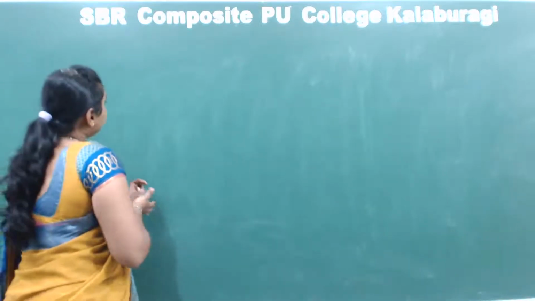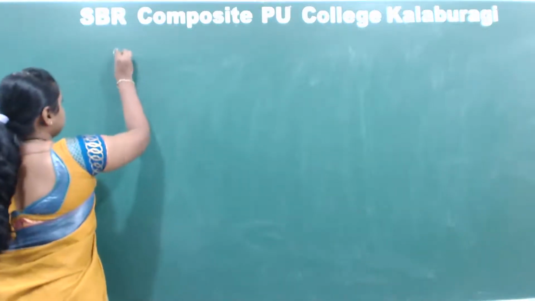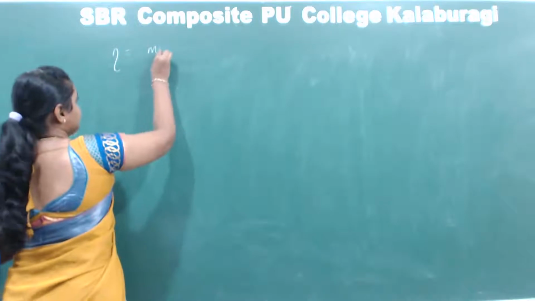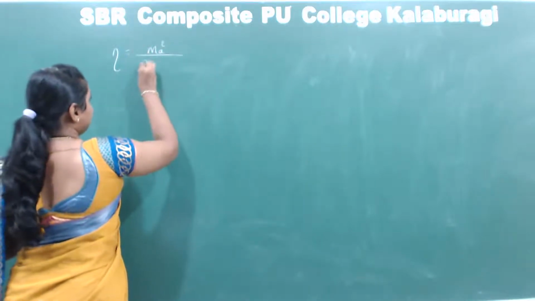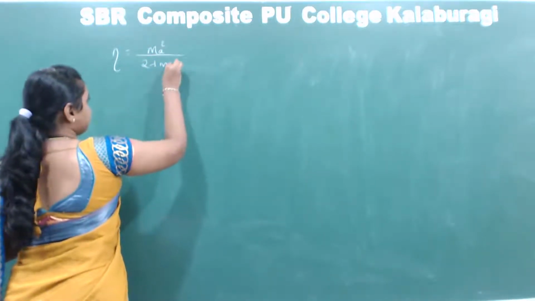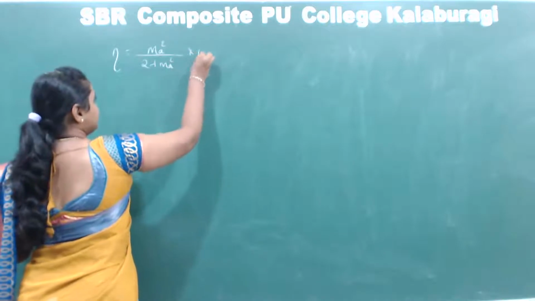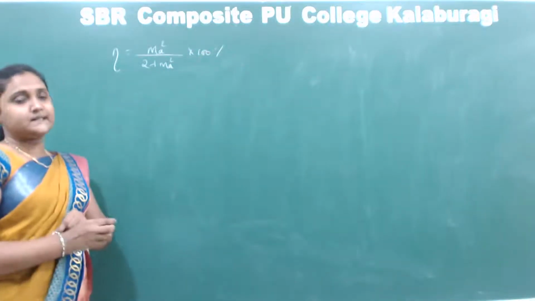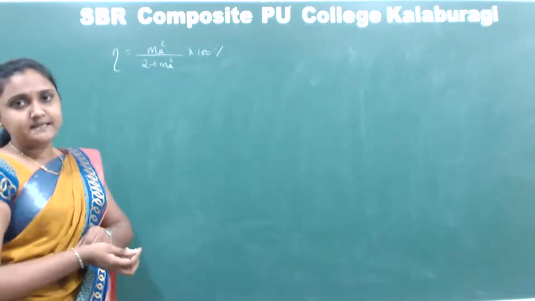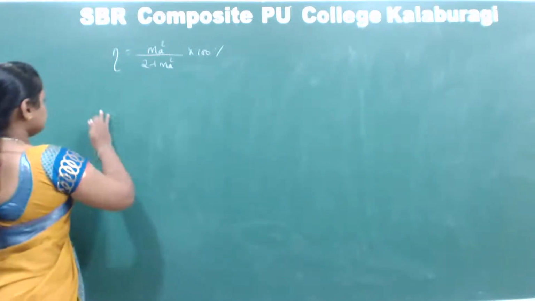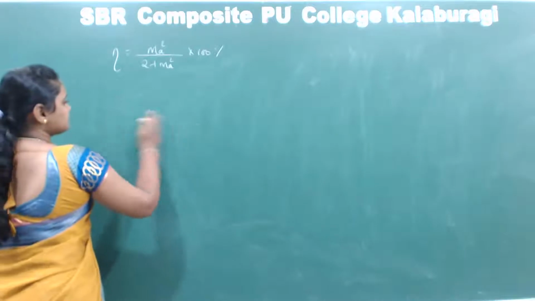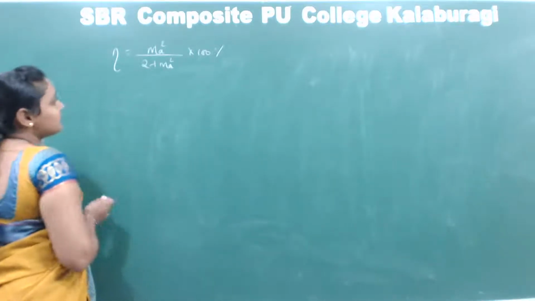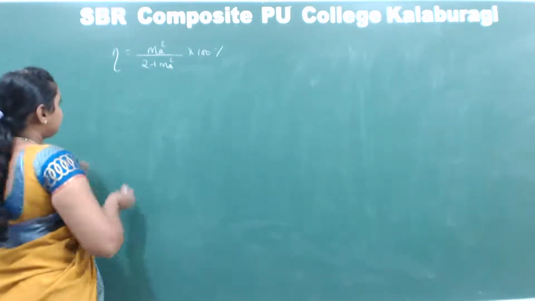So what is the expression for efficiency? MA square divided by 2 plus MA square into 100. Now we will see the efficiency for various values of MA.